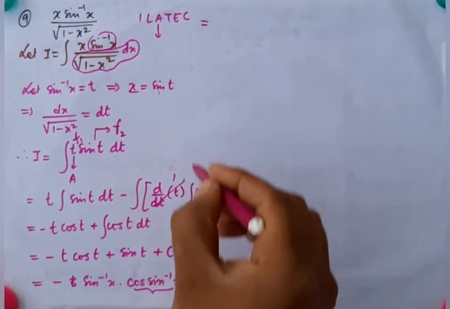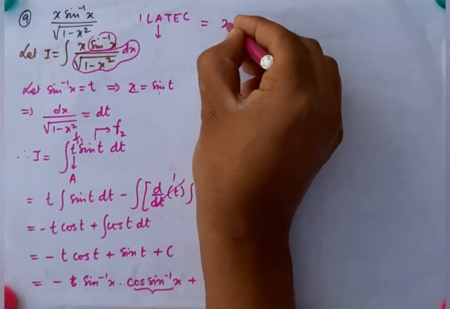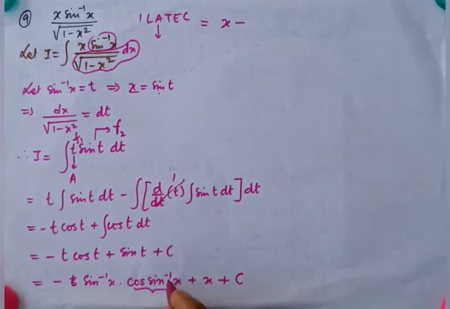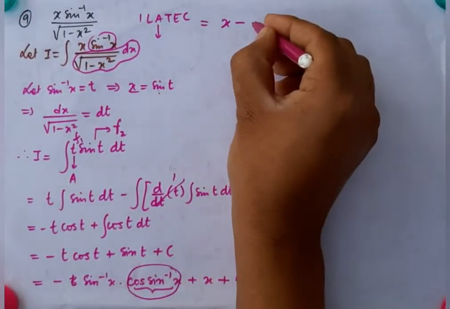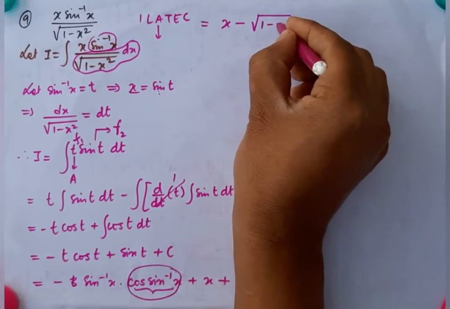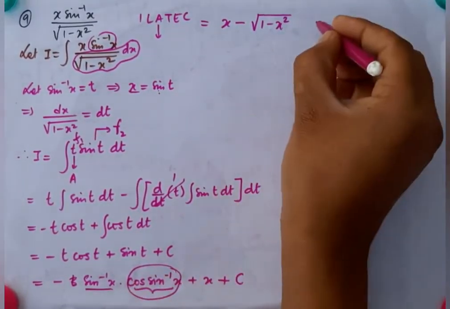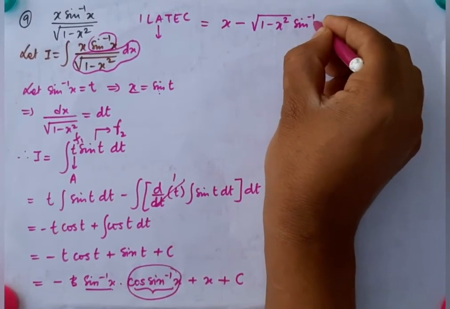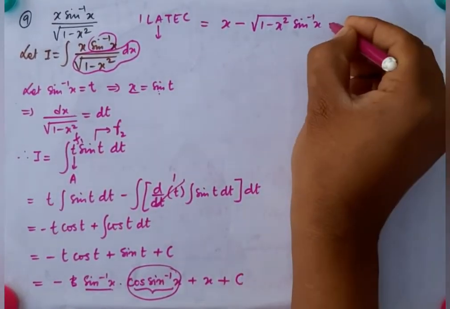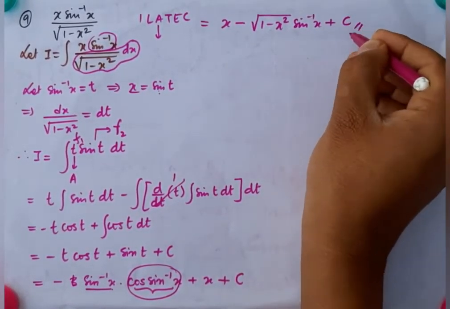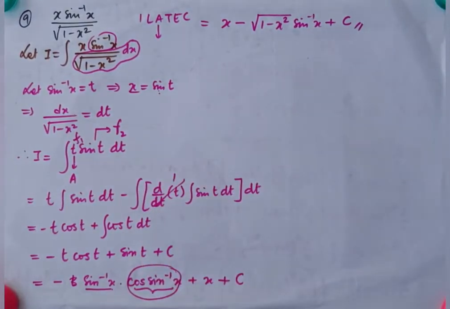So x is written first, minus, so the value of this is square root of 1 minus x square. But we have got sine inverse x also, so we'll write sine inverse x also. Now we have got plus c left. So this is my answer for this particular question. You may pause the video and note it down.